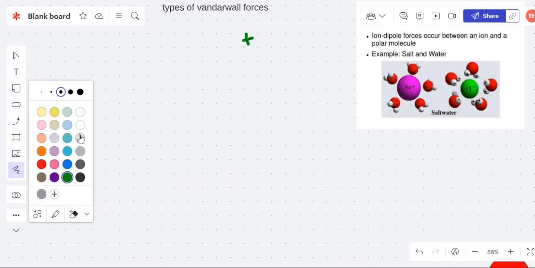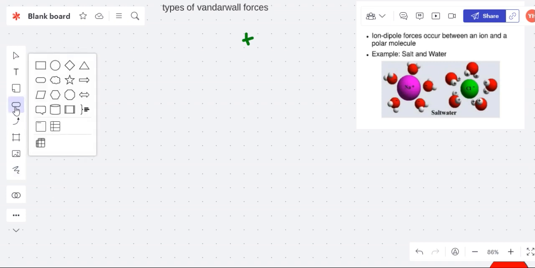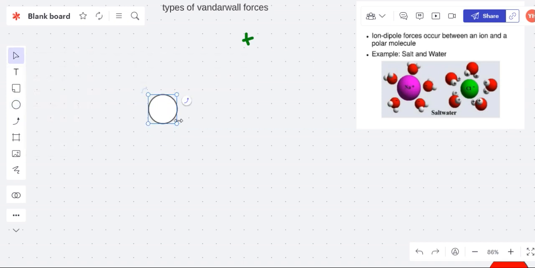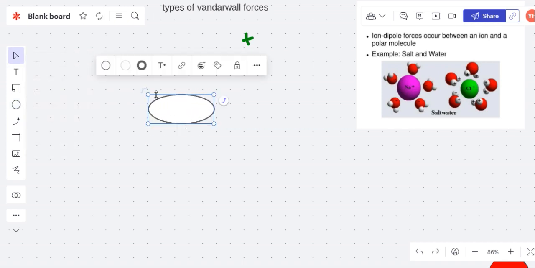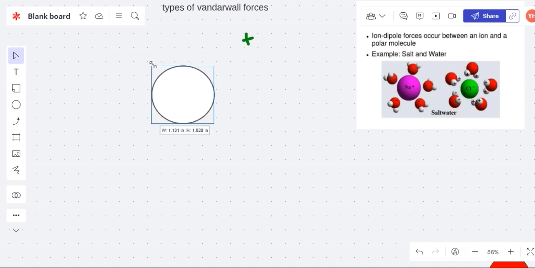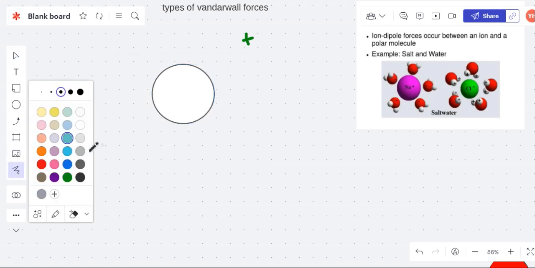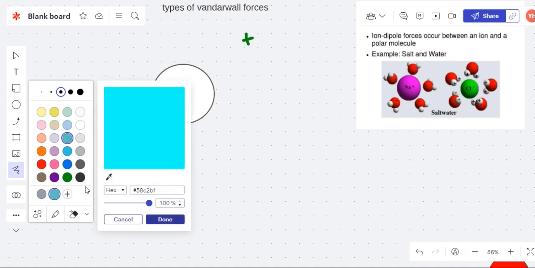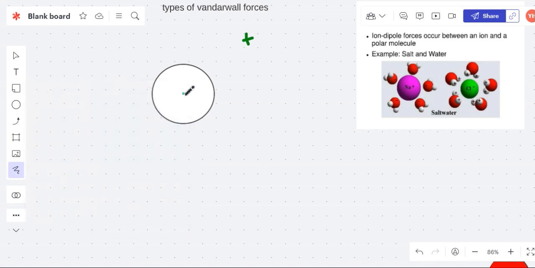Let's take an example of chlorine. This is chlorine, which has a negative charge.